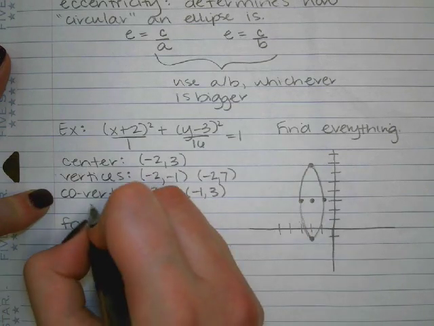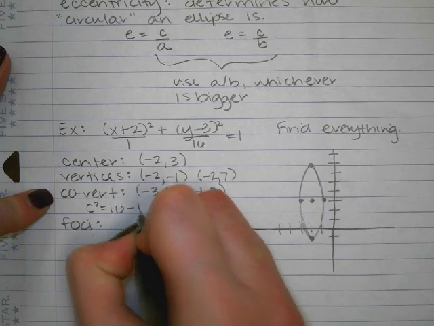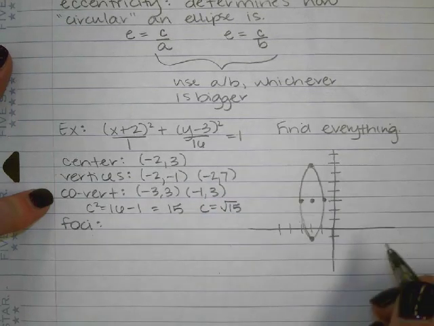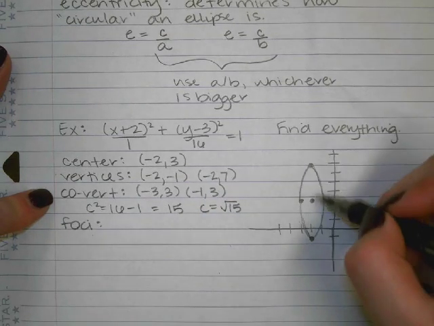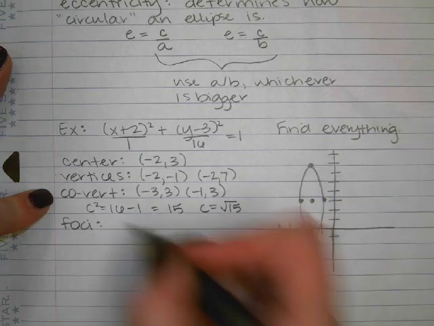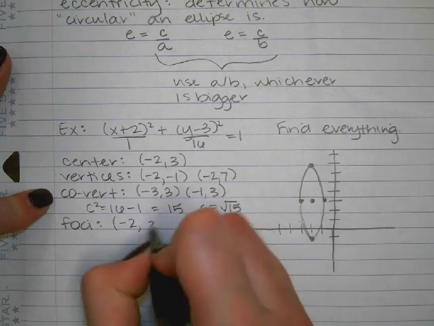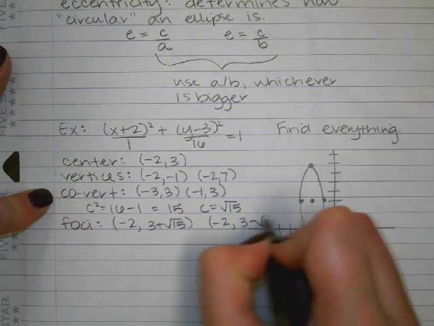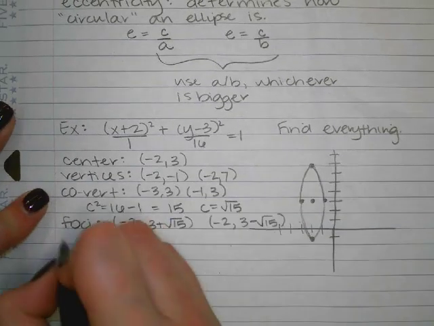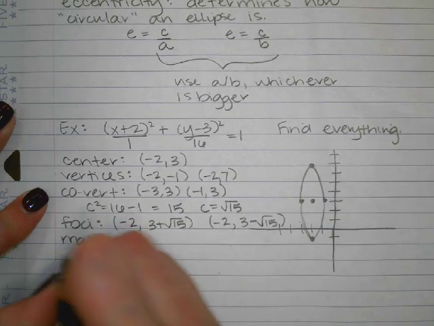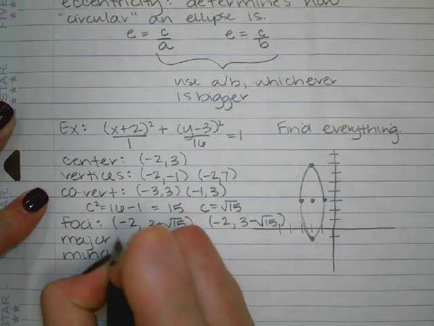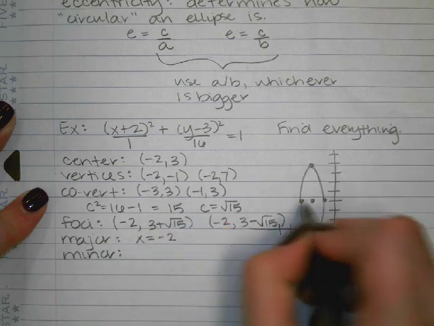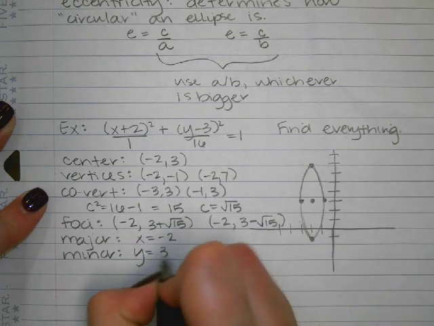So we have c squared equals 16 minus 1, which is 15, and so c equals the square root of 15. And since the vertices went up and down, then that means that the foci go up and down as well. And we have the major axis and the minor. So the major axis is up and down, that's x equals negative 2. The minor would be left and right, that's y equals 3.